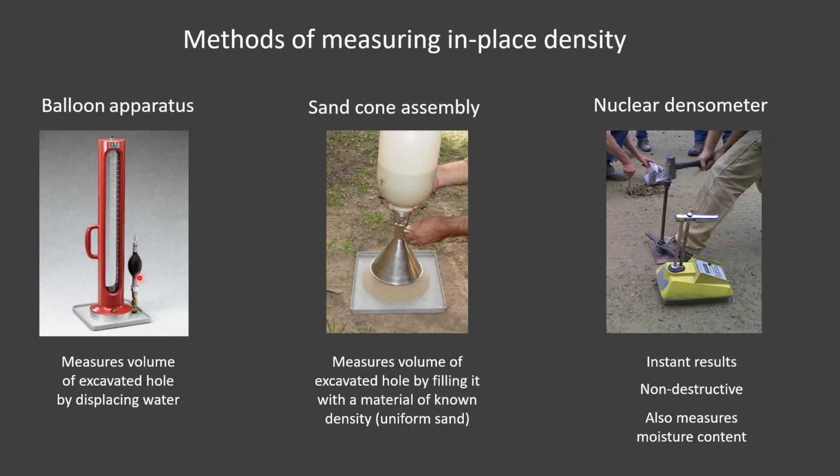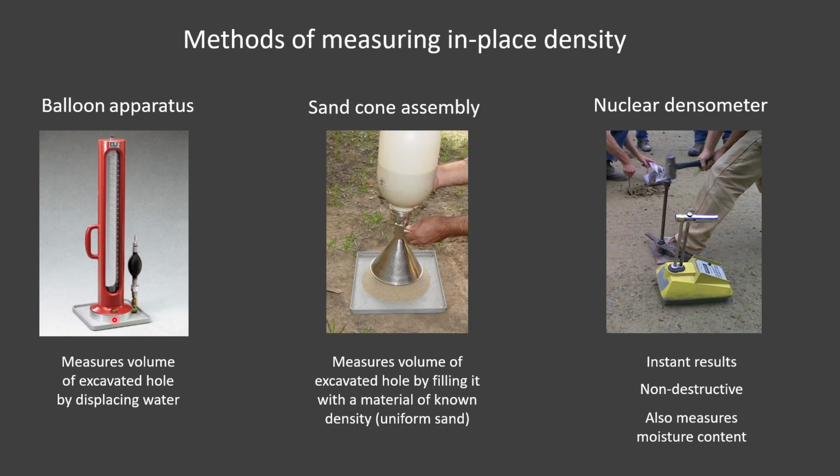But how it works is you dig a small hole out of the soil that you're measuring the density on, and then you measure the mass of the soil that you've just excavated. And in order to compute density, it's mass over volume. So you need to know the volume of that material that you just removed.